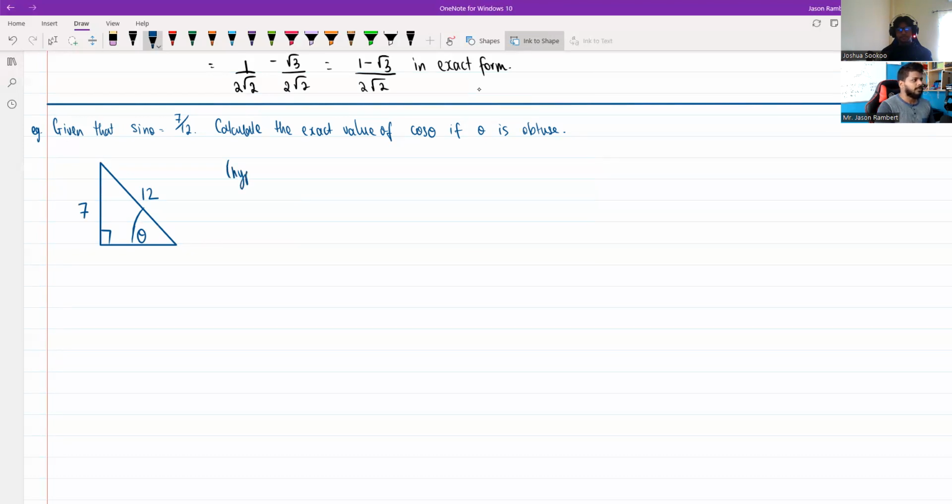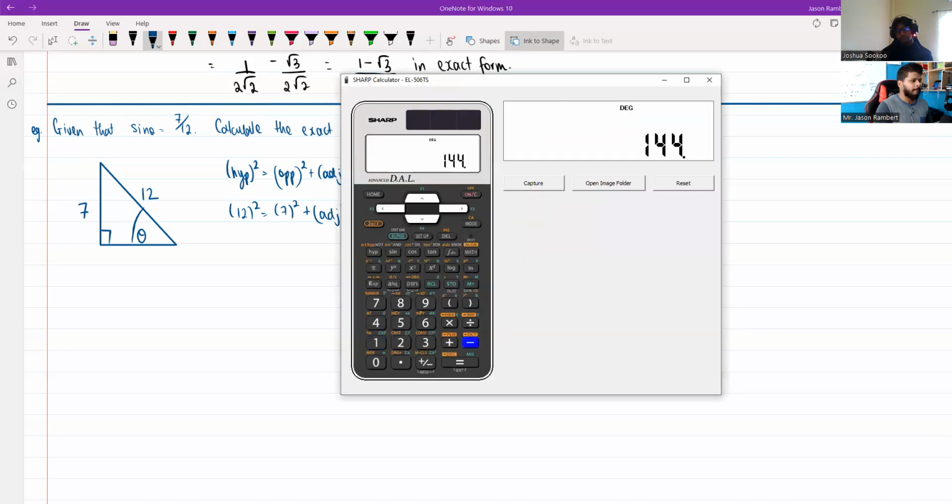We have the hypotenuse squared is the opposite squared plus the adjacent squared. 12 squared is 7 squared plus the adjacent squared. Rearrange, I get 144 minus 49, which is 95.